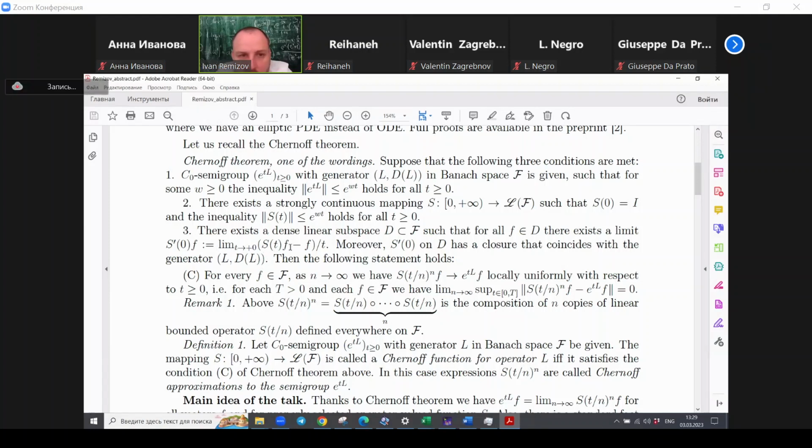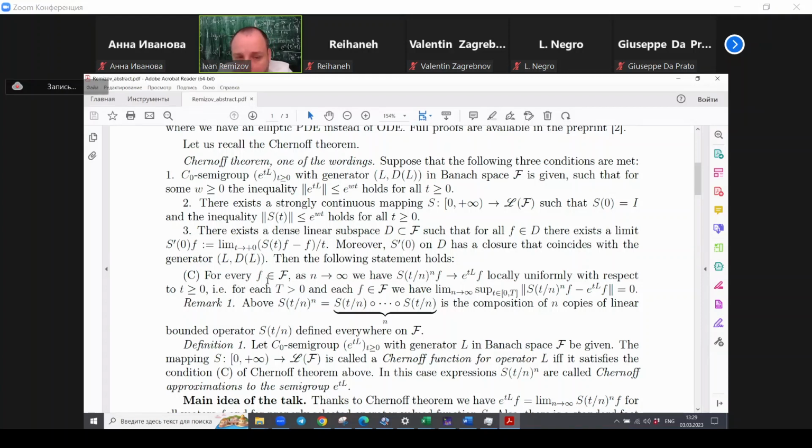Informally, this condition, that S of 0 is identity, means that S of t equals identity plus tL plus o small of t. Then the following condition holds. I call it condition C because of Chernoff.